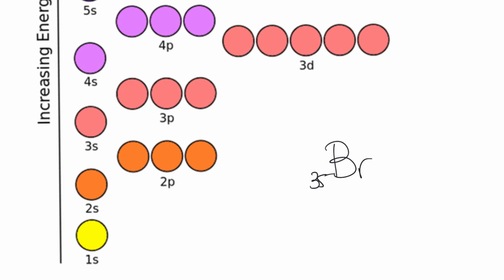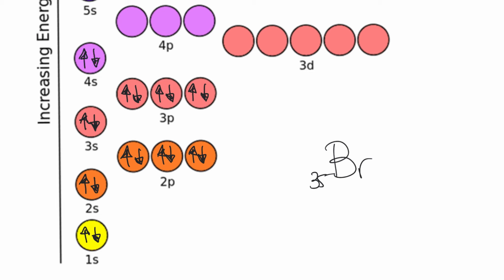We have 1 here, 2, 3, 4, 5, 6, 7, 8, 9, 10, 11, 12, 13, 14, 15, 16, 17, 18.